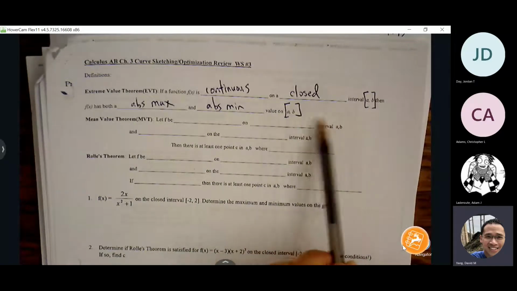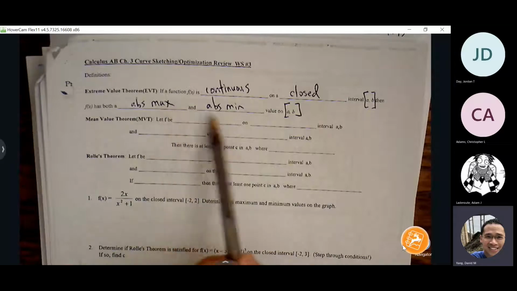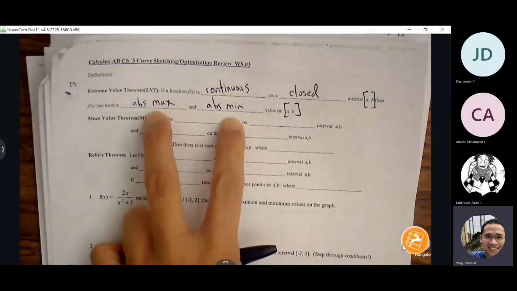Those are the only candidates that we have to worry about with absolute max and absolute min, and then you're only providing y values. These are y.